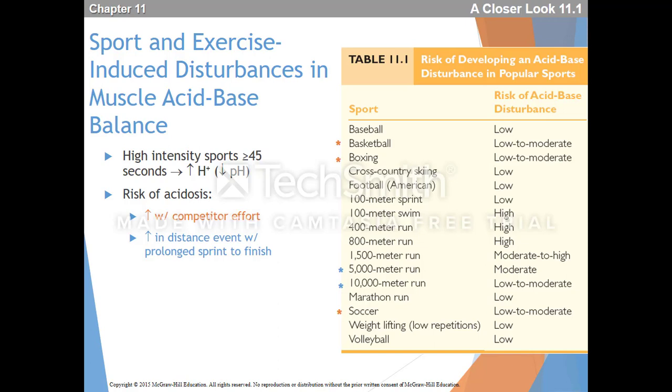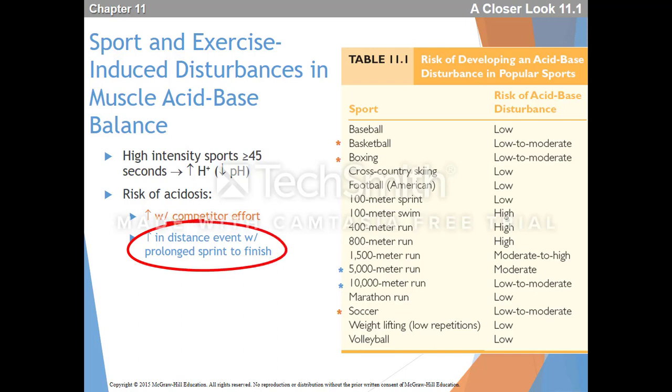Your risk of acidosis is also going to be affected by competitor effort, and what this means is if you have two athletes playing, say, soccer, and one athlete is trying really hard and one athlete is just kind of wandering around the soccer field, not really playing very intensely, that soccer player who's working really hard to perform well in the soccer match is going to be at an increased risk of acidosis compared to the athlete who's just kind of wandering around the soccer field. The risk of acidosis is also increased in events with prolonged sprints to the finish.